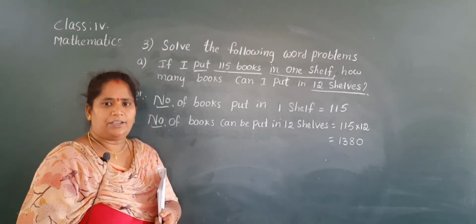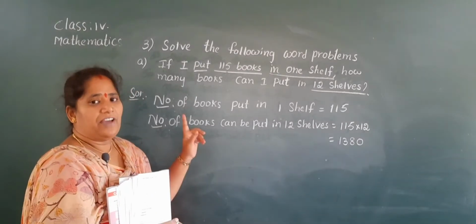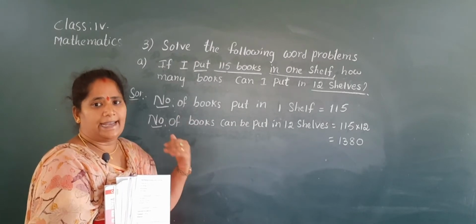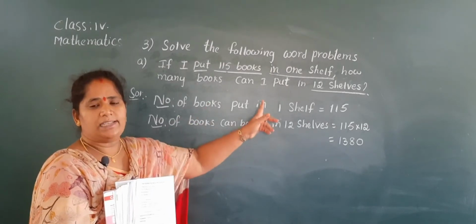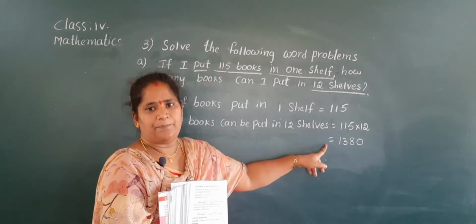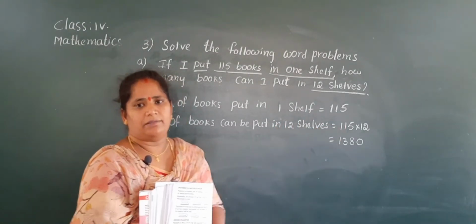Okay. Is it clear to you, children? What is given? If I put 115 books in one shelf, how many books can I put in 12 shelves? One shelf is given. We are asked to find the books in 12 shelves. So here we do multiplication. Okay.